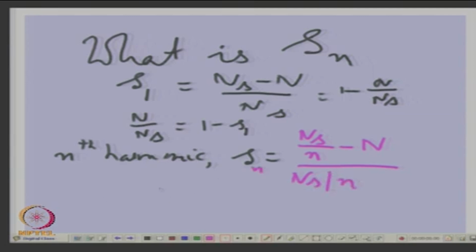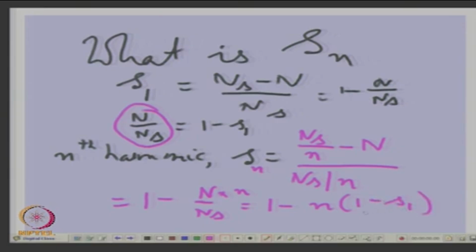So, this will be S_n, okay. So, this will be 1 minus n by n_s into n. What is n by n_s we have defined as 1 minus S_1, no, this will be 1 minus n into 1 minus S_1, is it right? This will be 1 minus n plus n into S_1, okay.